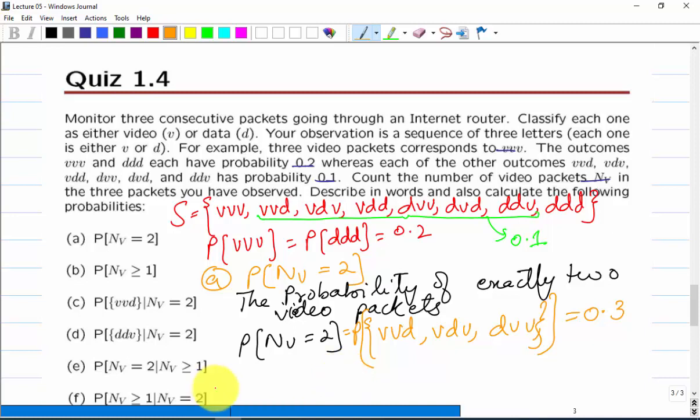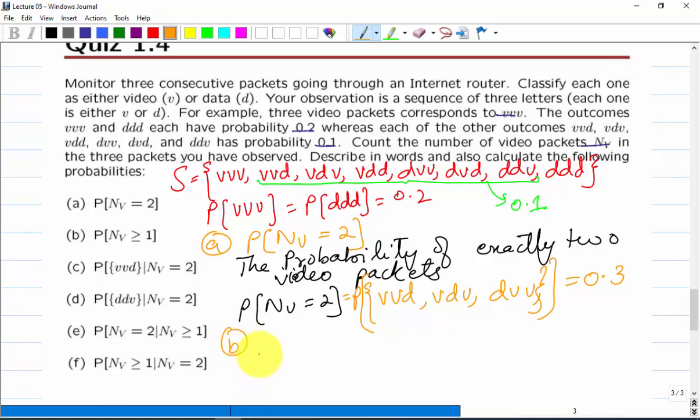Now look at part B. It says probability of NV greater than or equal to 1.